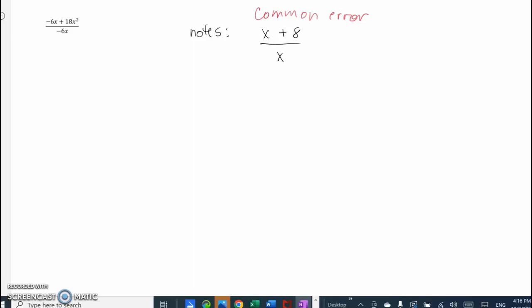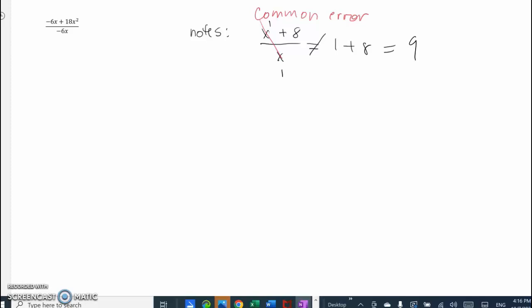Remember, this is the incorrect way to do it. Just suppose you said, can I just do that? Well, if you did, what would be left? Let's see. Well, x goes into x 1, so you get 1 plus 8, and it turns out that this is absolutely incorrect. I can prove it to you.